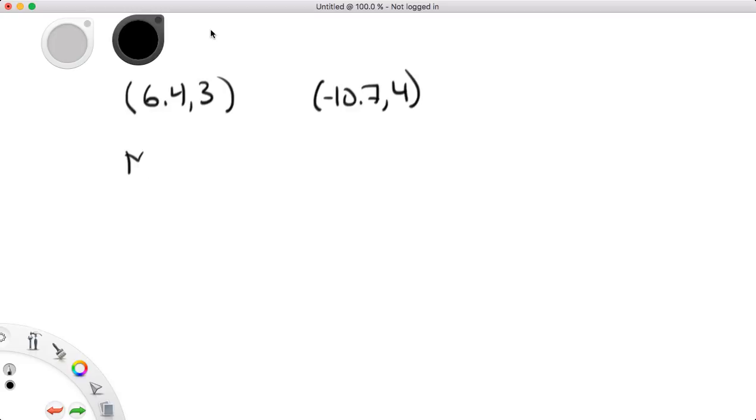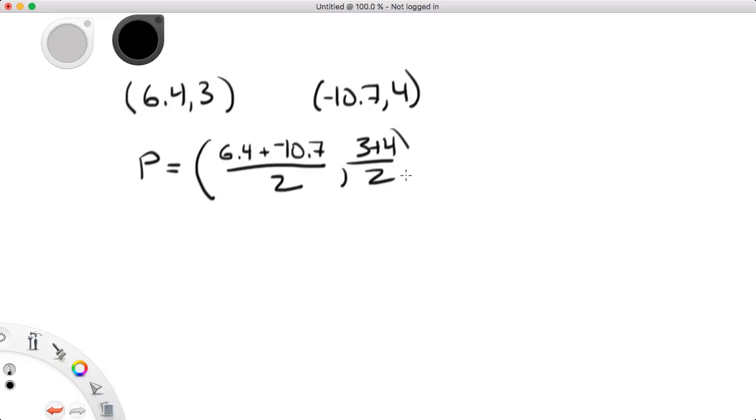Okay, so let's take a look at number 2 and number 3. Example 2 is we're trying to find the midpoint between the points 6.4 comma 3 and -10.7 comma 4. Ooh, decimals.